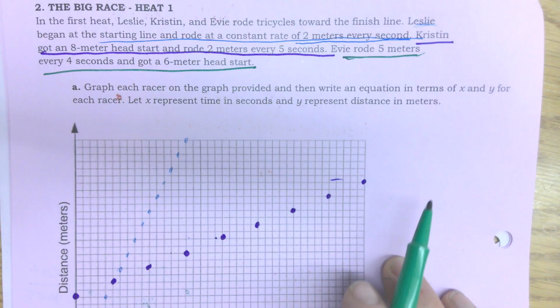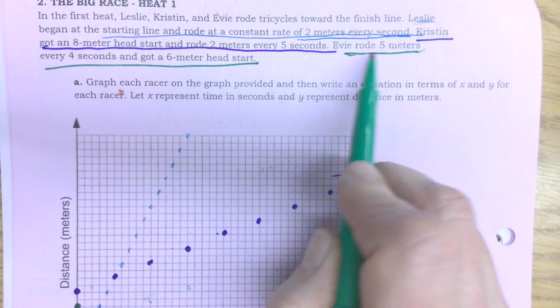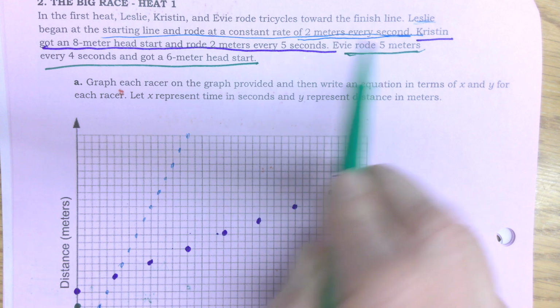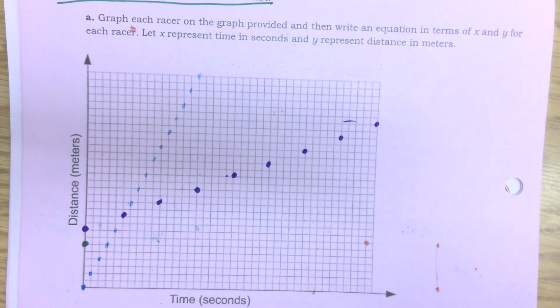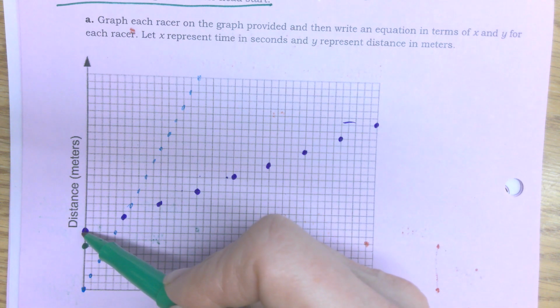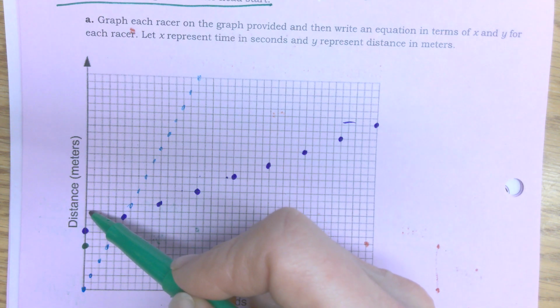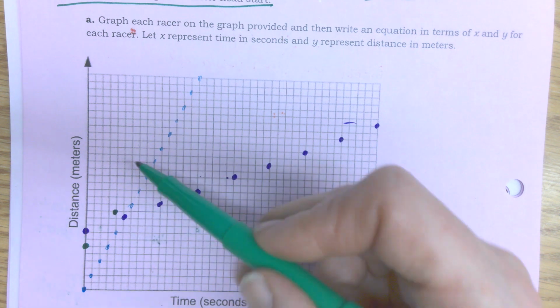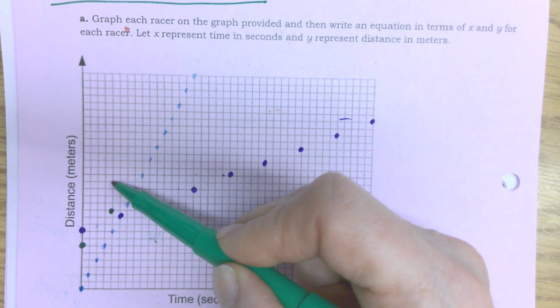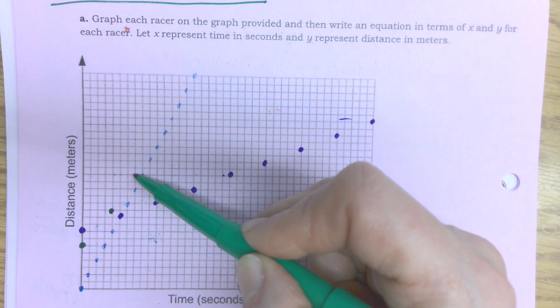Now I have to translate her. It's 5 meters in 4 seconds. So we go up 5 over 4. Very good. 1, 2, 3, 4, 5 over 1, 2, 3, 4. And now we have to finish counting from there.